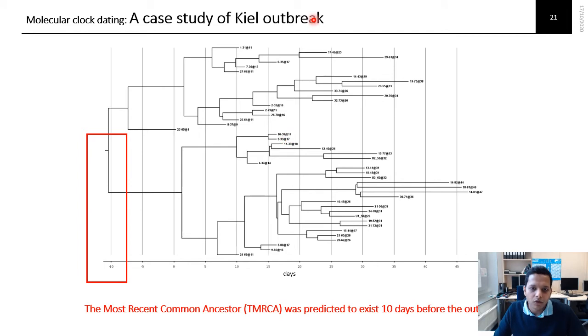We used this information to calculate when the ancestral strain existed. Here we used Bayesian analysis, a special analysis for molecular dating, and we estimated that the common ancestor was present 10 days before the outbreak. So what we thought during isolation was that the first isolate we obtained was the causative agent of the rest of the outbreak, but this was not the case.